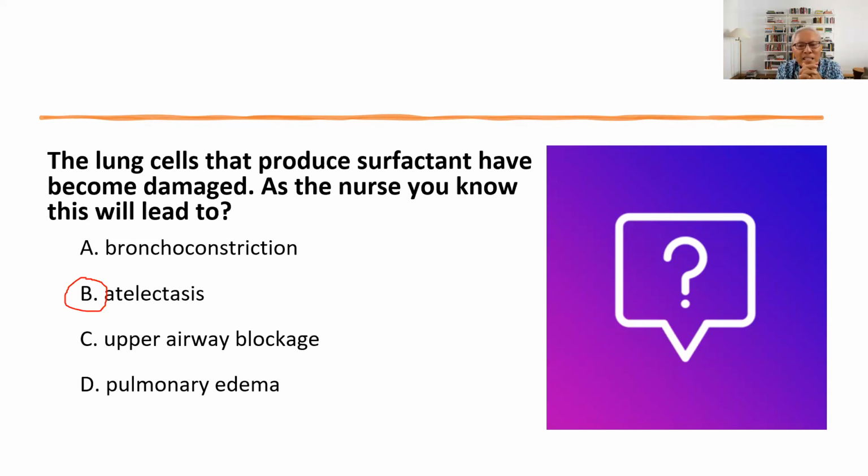Therefore, with surfactant, the alveoli sacs will stay stable when a person exhales. So this means that with surfactant, the sac won't collapse. Whenever there's a decrease in surfactant production, there's going to be a collapse of the alveoli, and this condition is what's called atelectasis. So the correct answer is letter B.